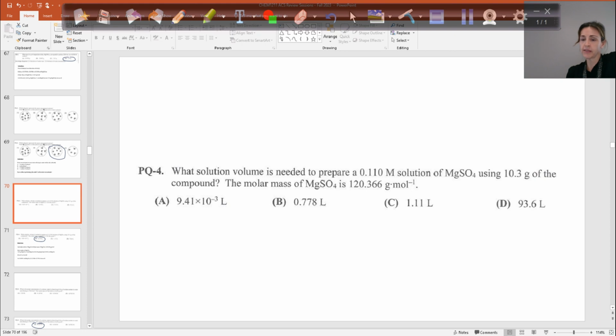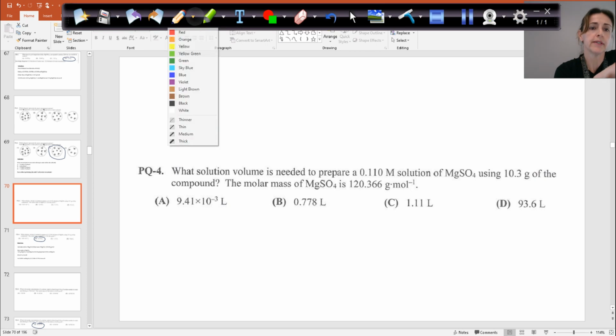The molar mass, they are kind enough to even give it to us so we don't make mistakes calculating it. So what is that big M symbol for? Molarity.